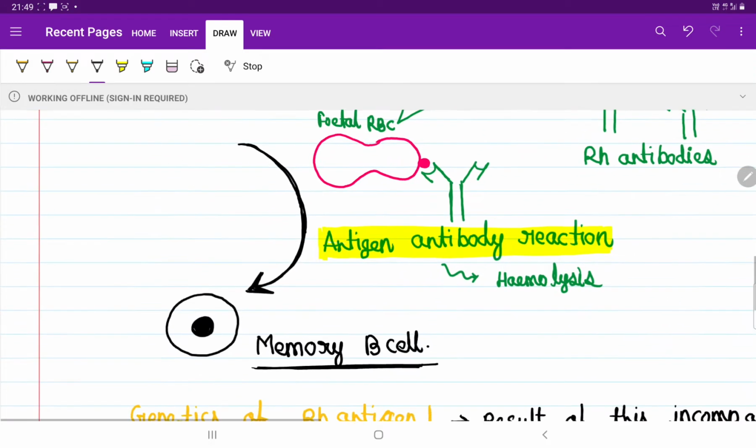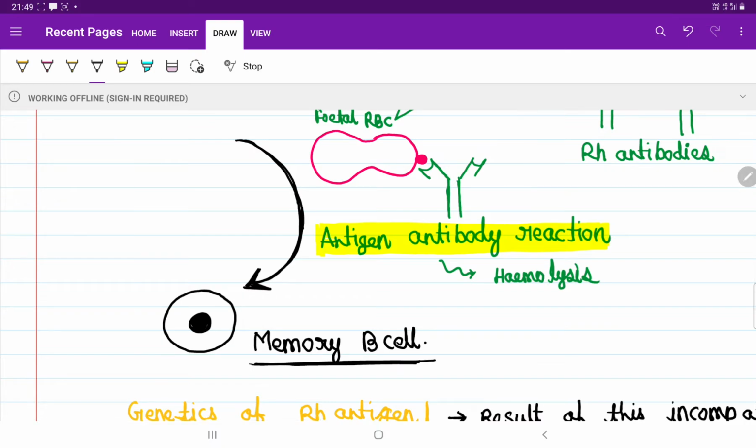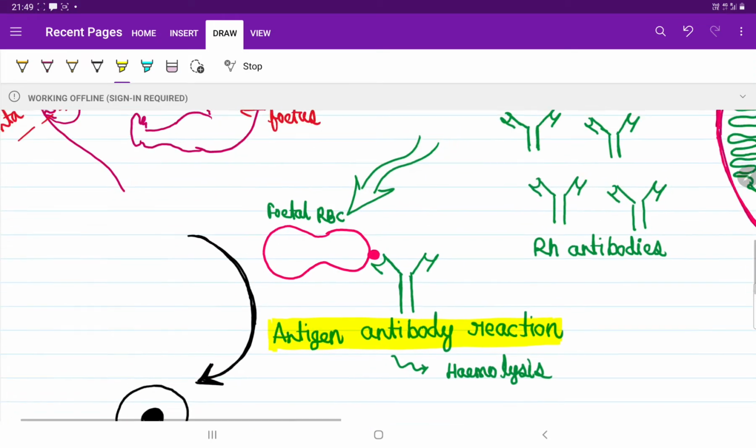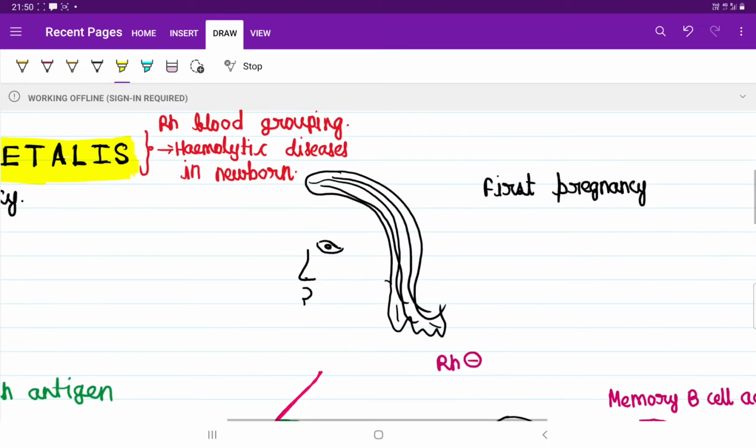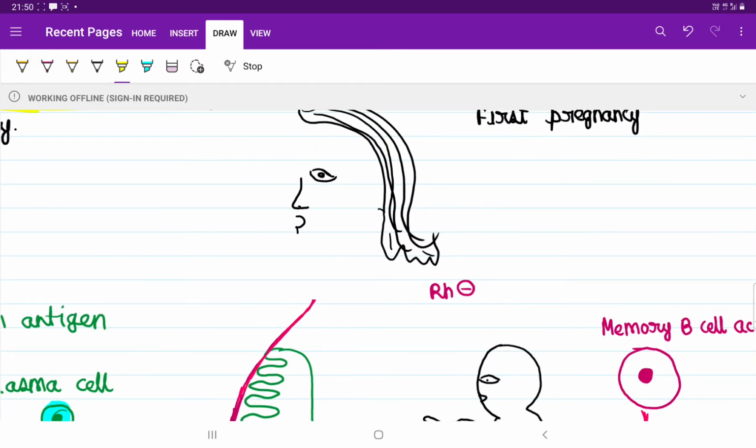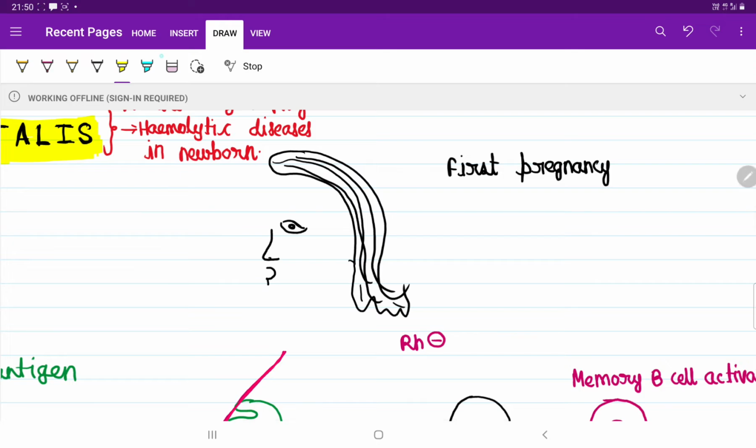Fine. The first pregnancy is safe. After a few months, that lady gets pregnant again. Not the first pregnancy, now she has a second pregnancy.